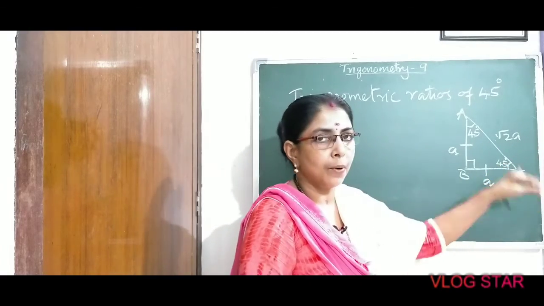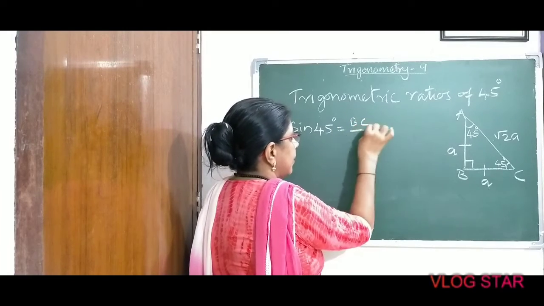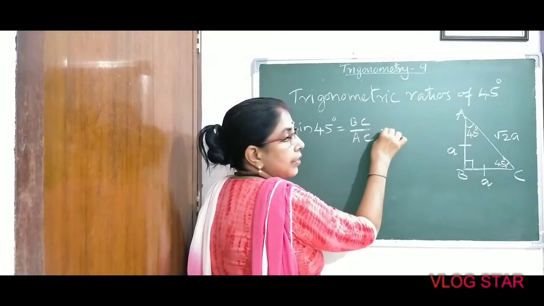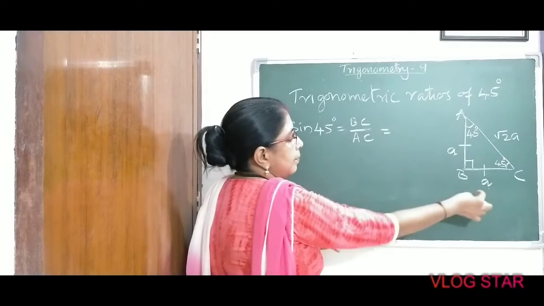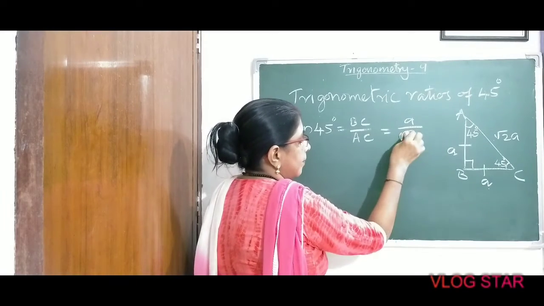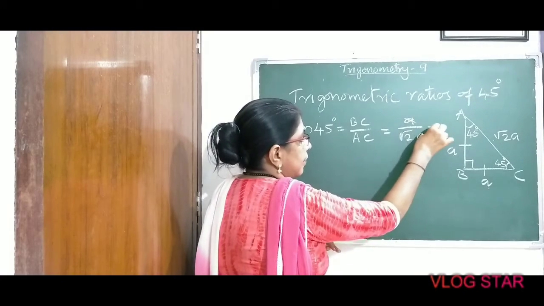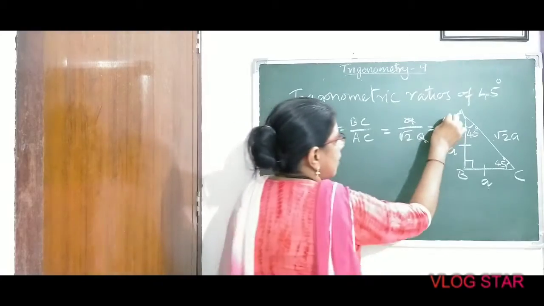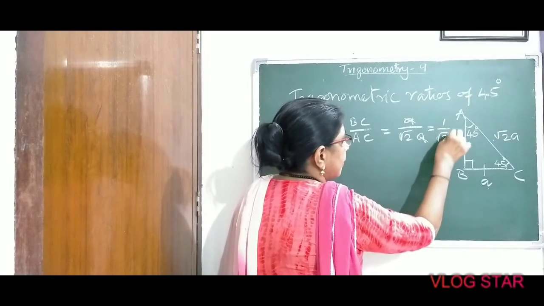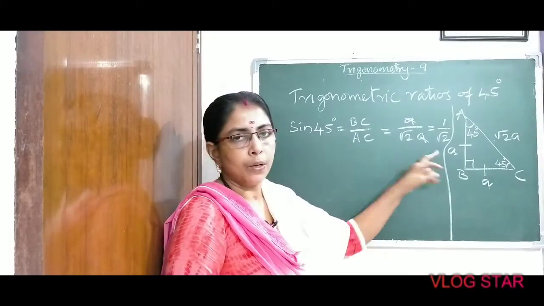Here it is BC upon AC. We know the value of BC is A, upon root 2 A. A and A get cancelled. Therefore sine 45 is 1 upon root 2.